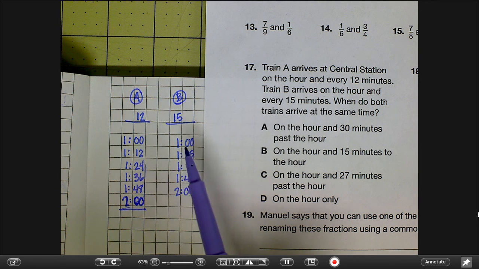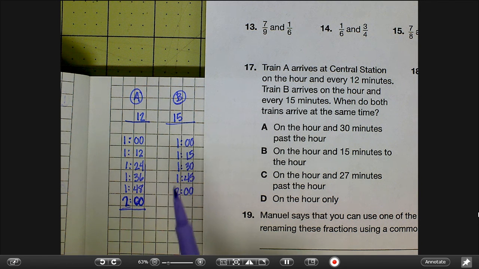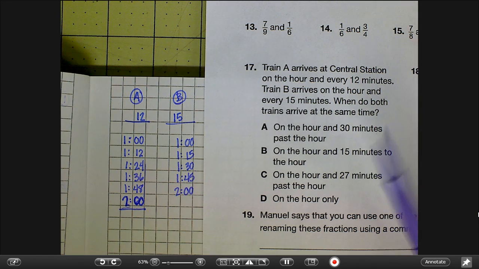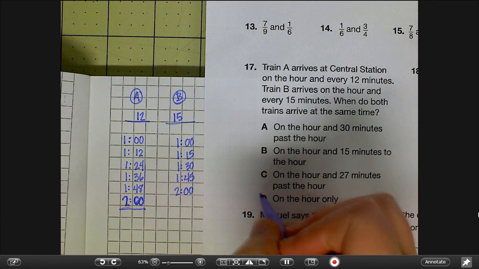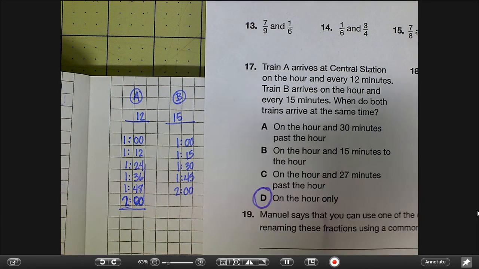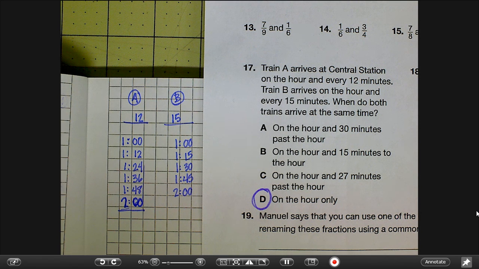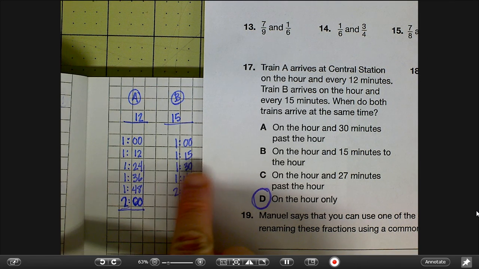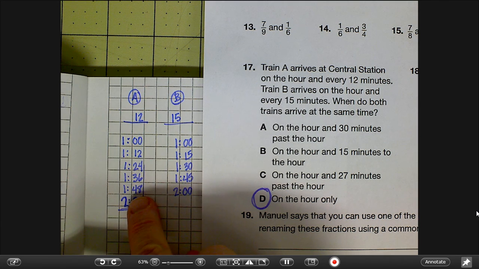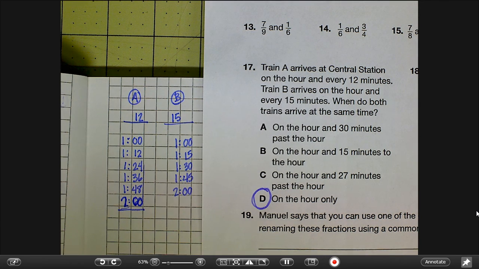In fact, the only times that I see that are the same are the 1 o'clock and the 2 o'clock time. So looking at my answer choices here, I believe D would be the correct answer. On the hour only. Okay, do you see why that is? Because they don't have any other common times when they arrive. Okay, good work. That was a tricky question.